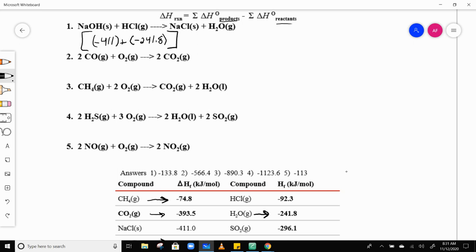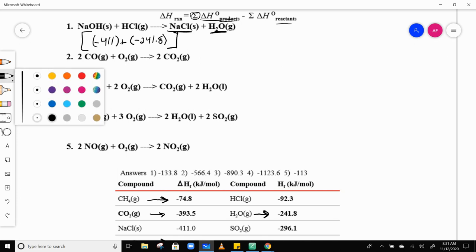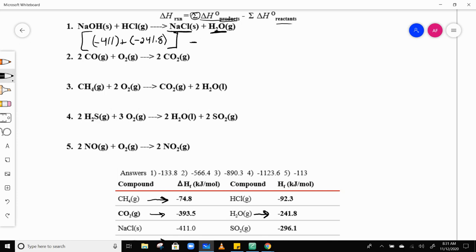We add them together. This means the sum of. Then we subtract, so it's the products minus the sum of the reactants.